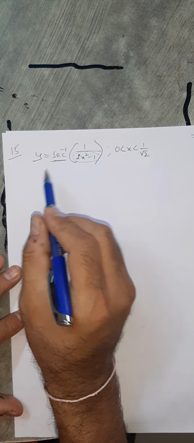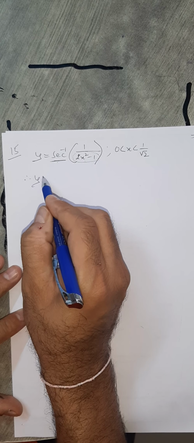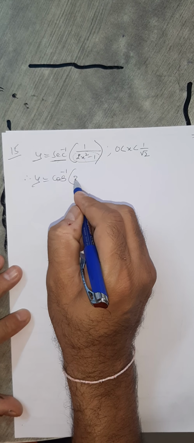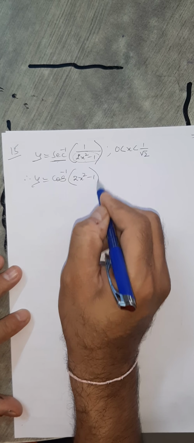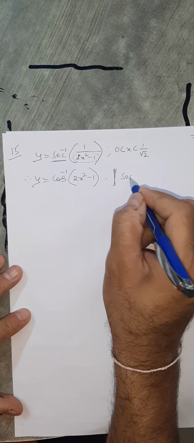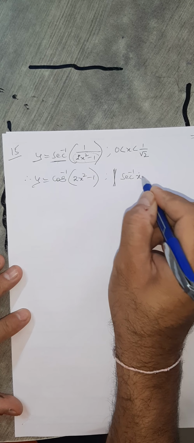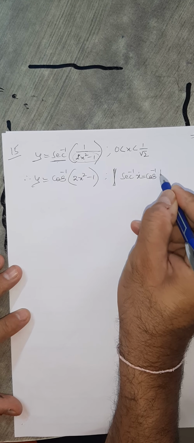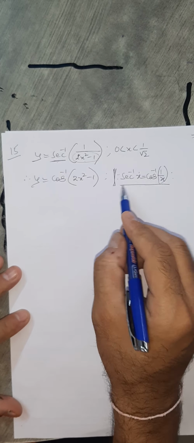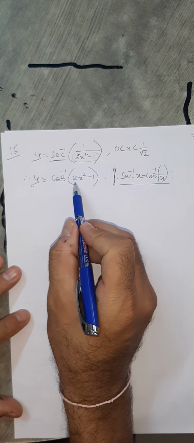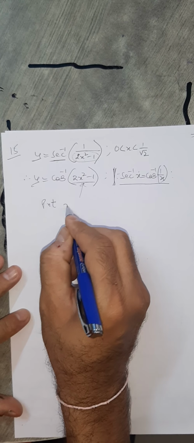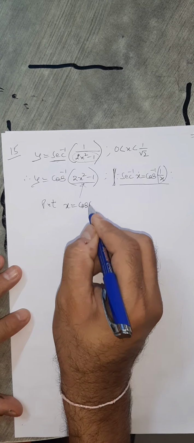So before I do that substitution, sec inverse you can reduce to cos inverse if you remember, reciprocal of the angle. If you recall, sec inverse x you can write cos inverse 1 upon x, reciprocal of the angle. Okay. Now it's clear to you this is a formula for cos 2 theta. So I'll put x equals to cos theta.